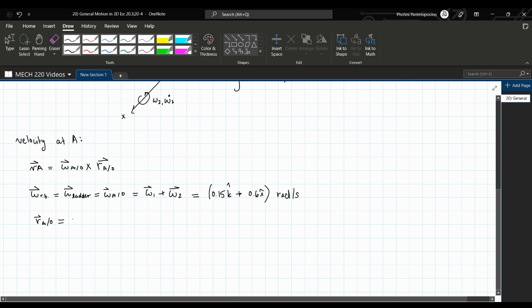So that's just 40 cos 30 j plus 40 sin 30 k hat, and that is in feet. So we have all of our variables. We're just going to go ahead and plug that into velocity.